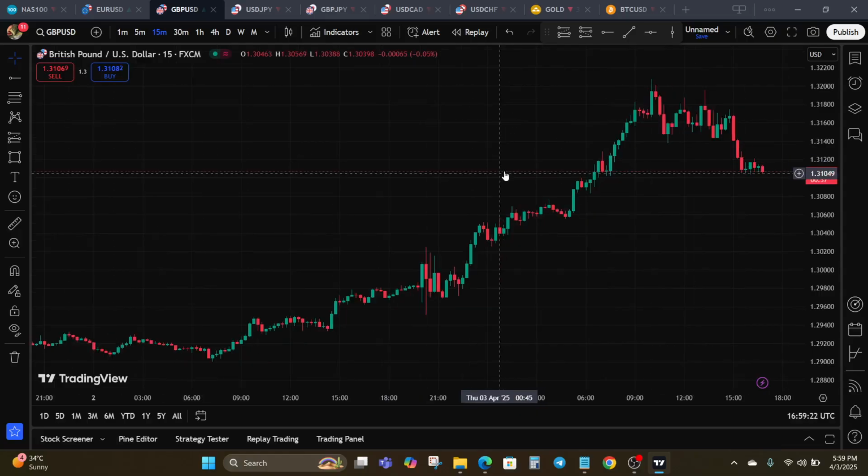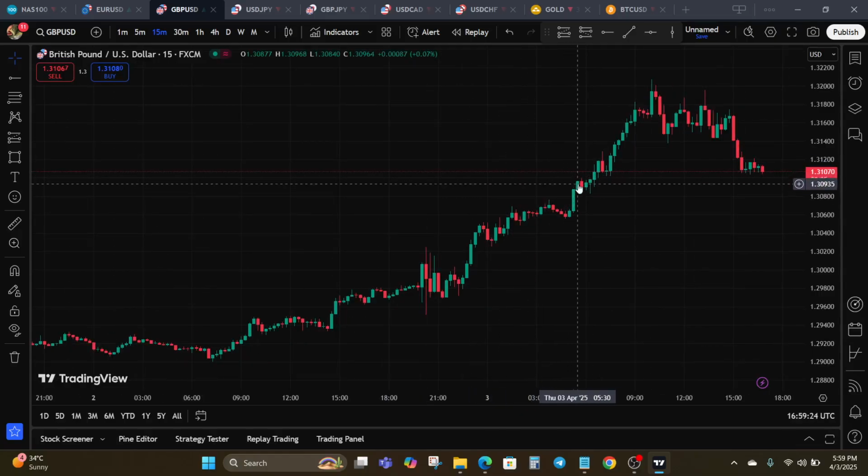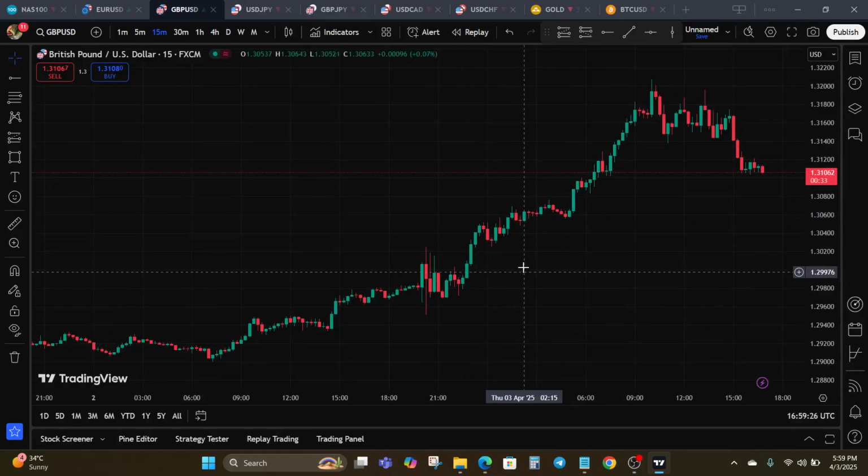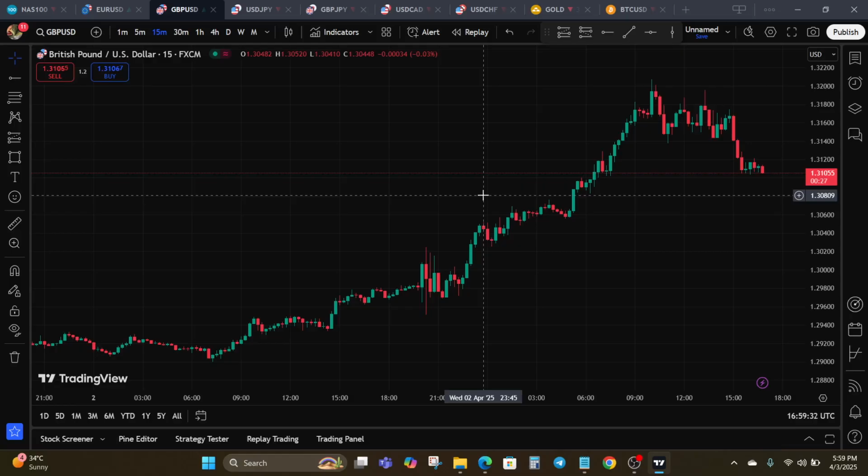Now, scalping is a popular trading strategy where you make a lot of small trades over a short period of time, aiming for tiny price movements. Unlike swing traders who hold positions for days or weeks, scalpers look for quick in and out trades, often lasting only minutes. Right?